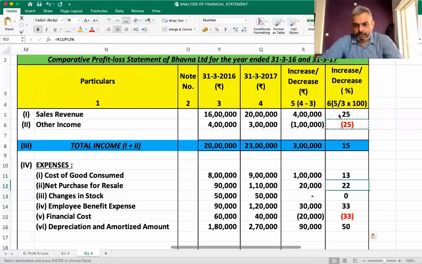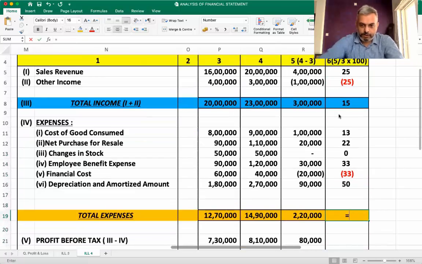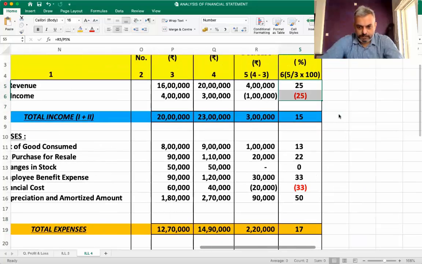So 13, 22, 0, 33, again negative 33 and 50. So let's see what's the impact on the total. 17%. If you want to write in decimal, you write in decimal.